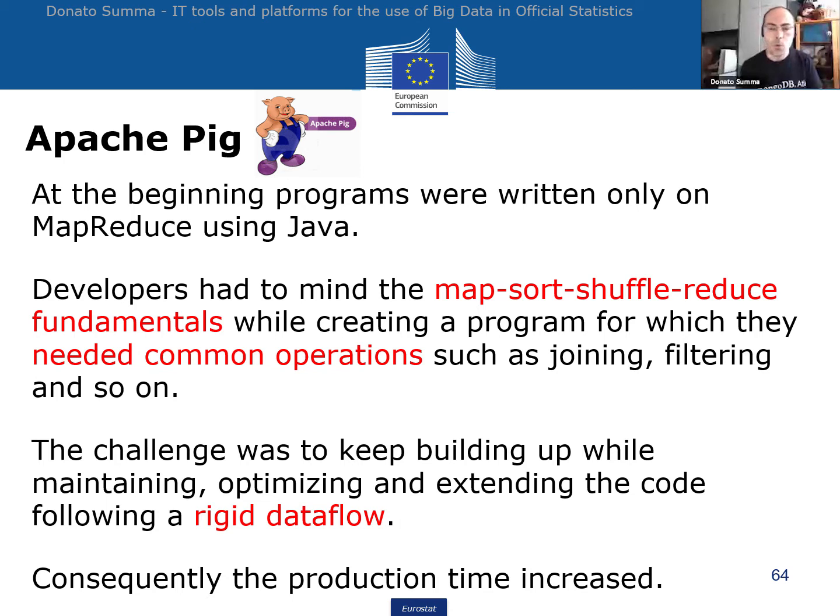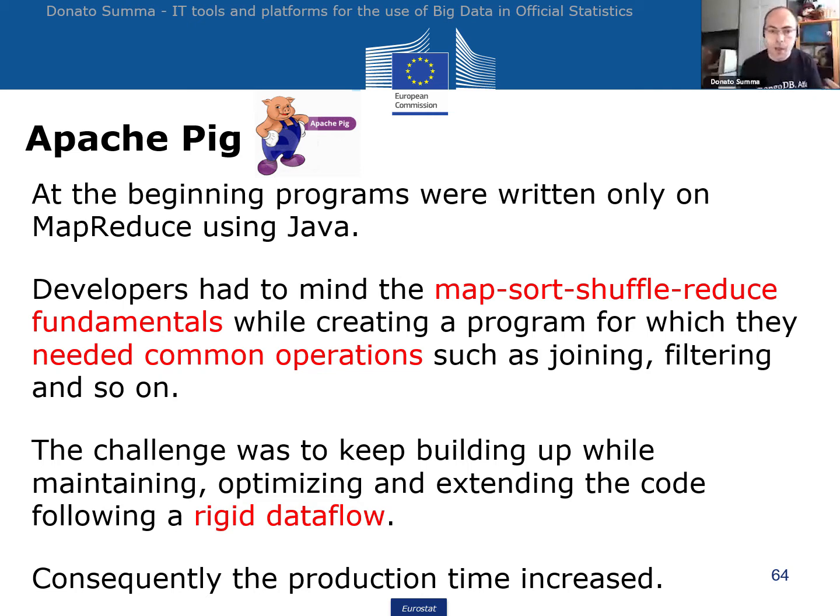So if you wanted to benefit from Apache Hadoop, you were forced to write distributed programs in Java, and you were forced to respect and to implement the MapReduce programming model.